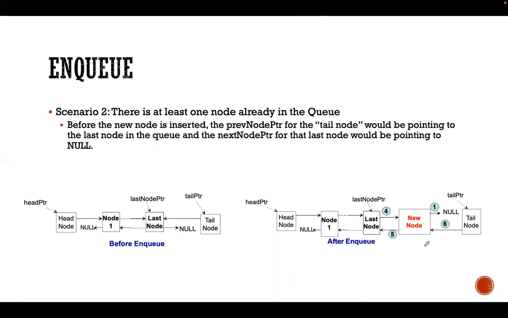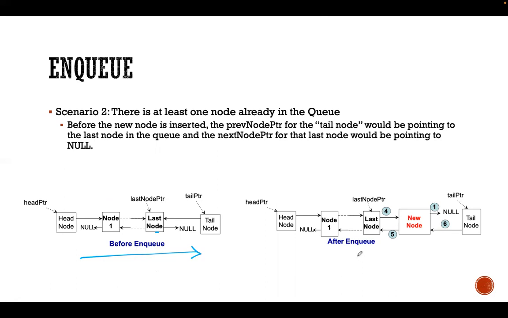You can see that here we have a few items, node 1 and node 2, and this is the last node in our current queue. When we insert the new item, meaning we enqueue some item in this list, we are going to insert from the end of the list.